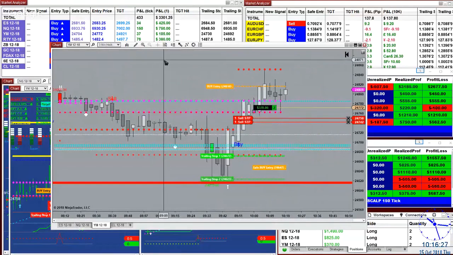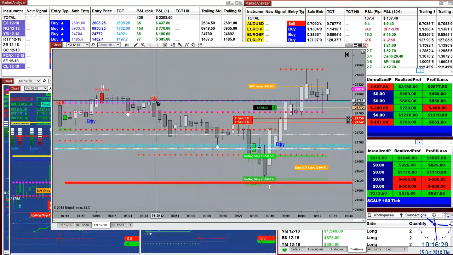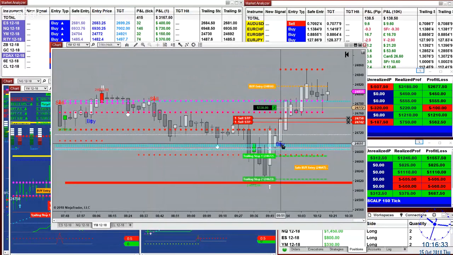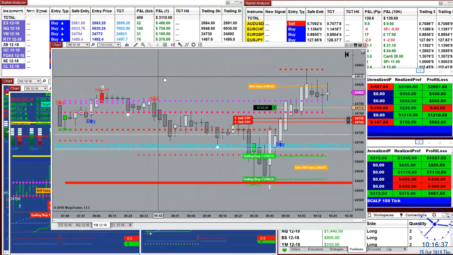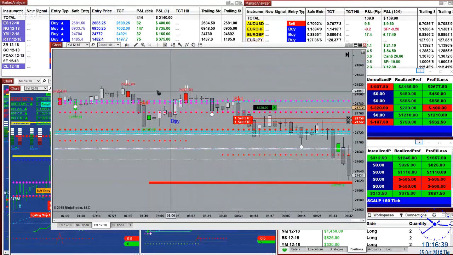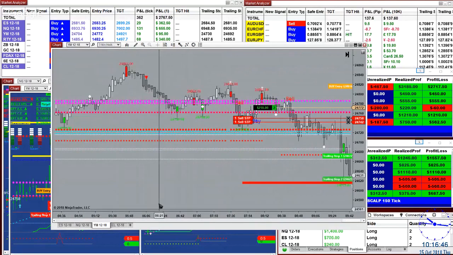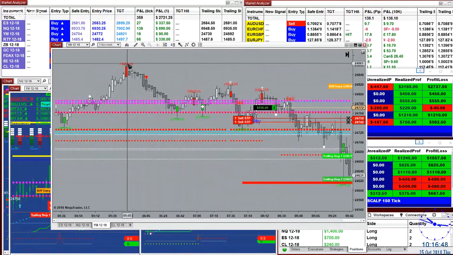This is your YM, and here was your sell signal. Perfect buy. And you see your symmetry here. Look at it, those are reversals as well. Look at this one. Beautiful.